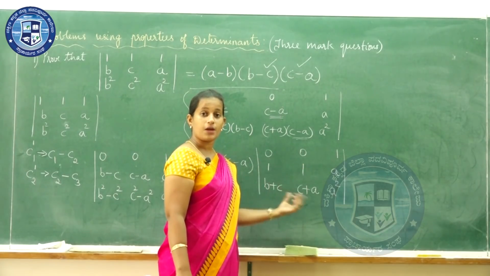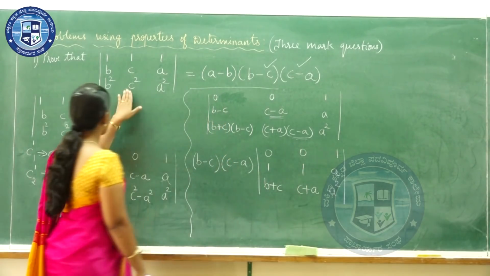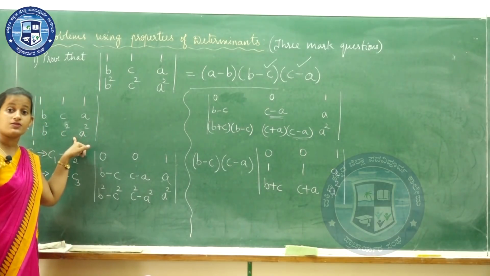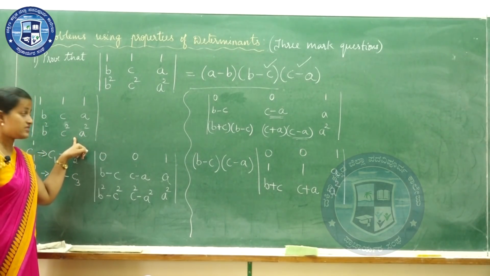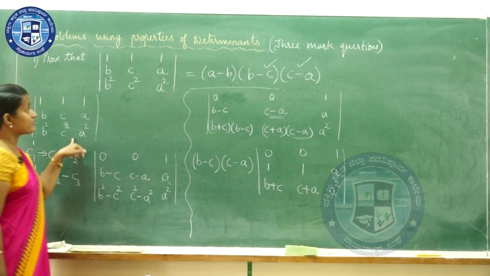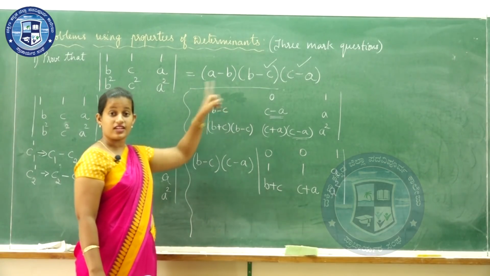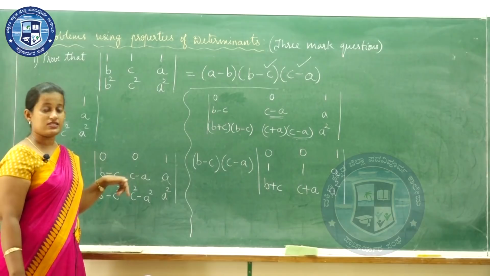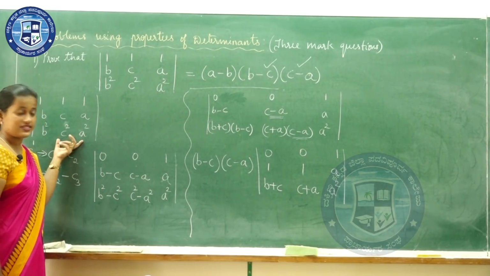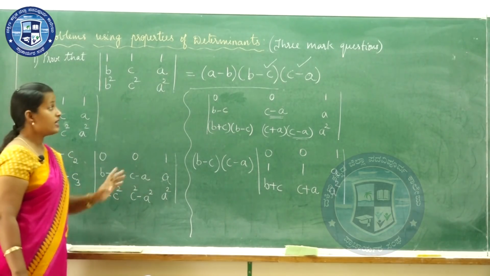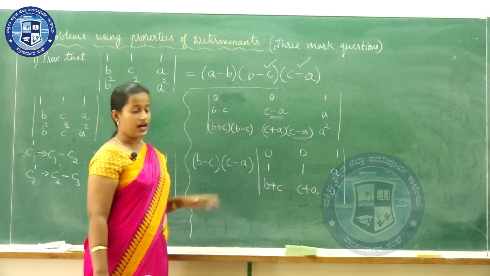At this step, if you want to evaluate directly, it becomes complicated. Therefore, the properties are helping us in solving this determinant easily, and we can easily prove this RHS.